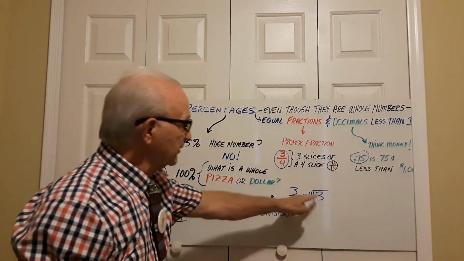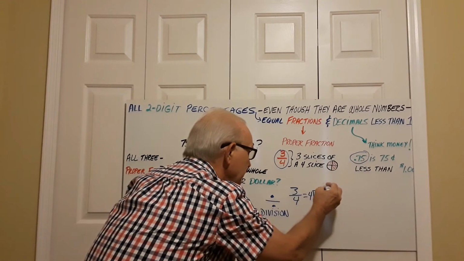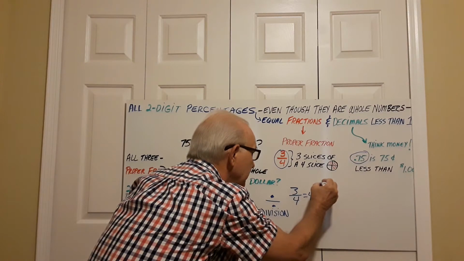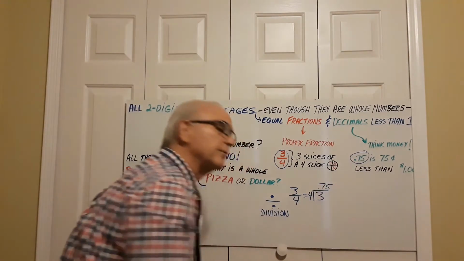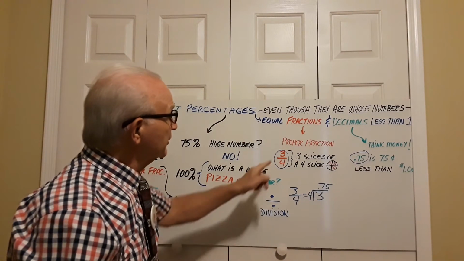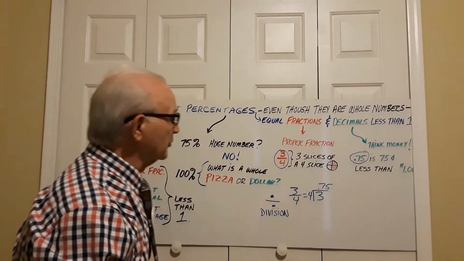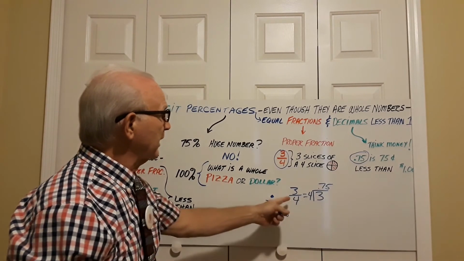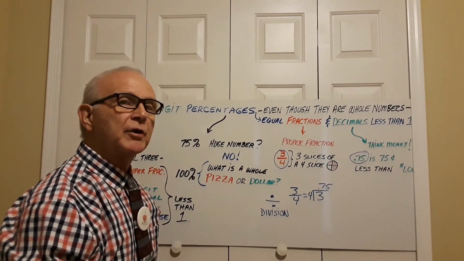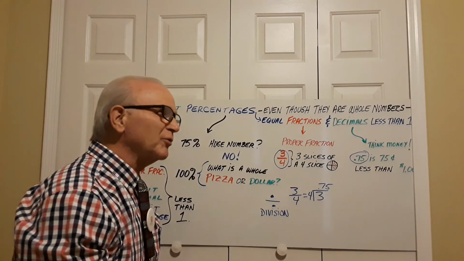And if you go ahead and divide that out, up here, you are going to get 0.75. So it's very easy to go from a fraction to a decimal simply by dividing the denominator into the numerator.